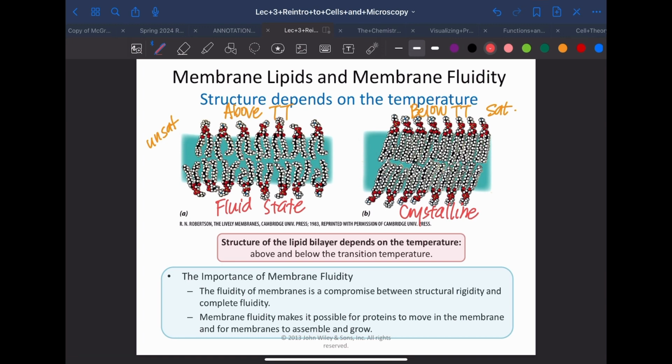If I come up with a random number, let's say 10 degrees Celsius, then above 10 degrees means it's warmer, so I become more fluid. And below the transition temperature, below 10 degrees, it's colder, which should make sense.